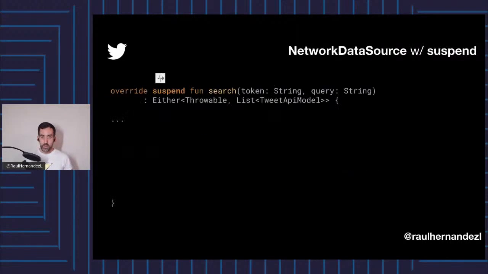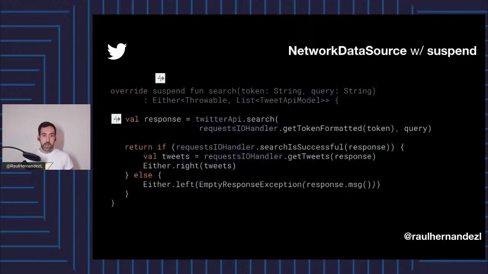Then if we are changing this into coroutines, we need a suspend function. So for this particular case, I use Either. Either has a few advantages. I will just mention a couple of them. There are many. This is actually very similar to Kotlin Result.